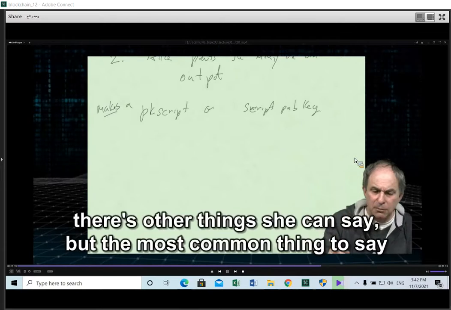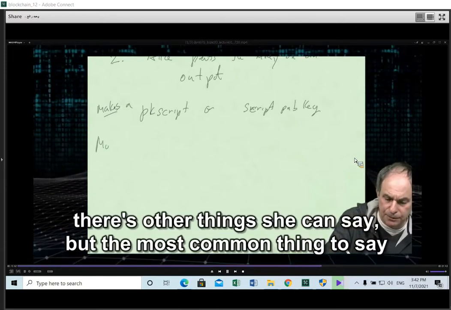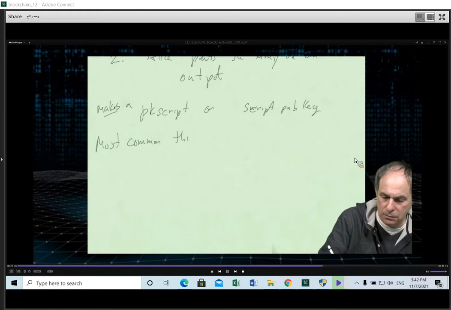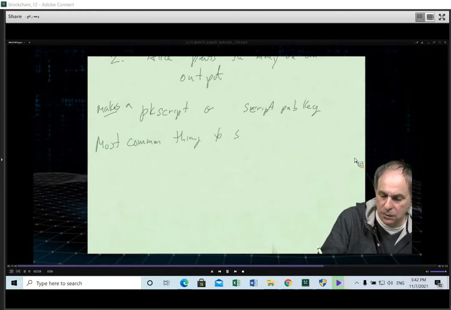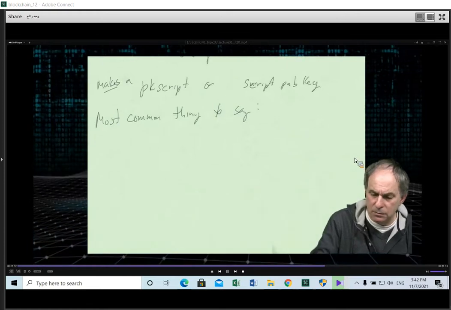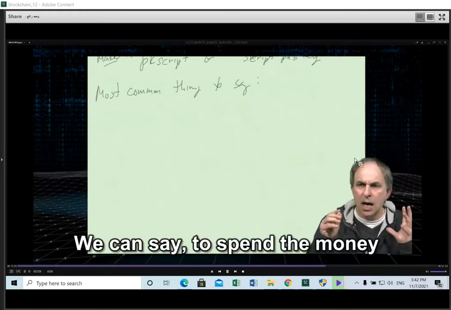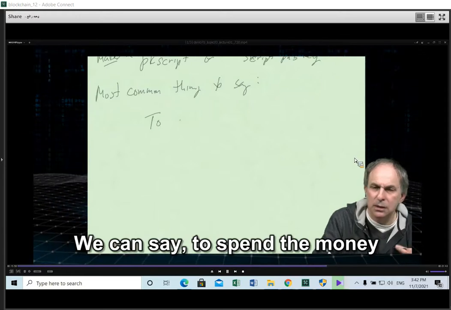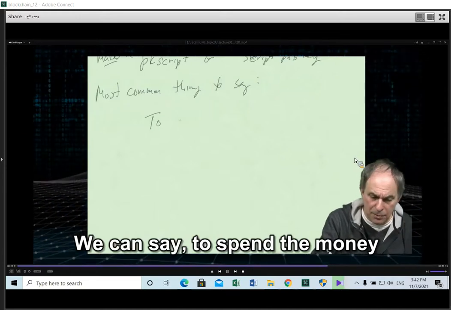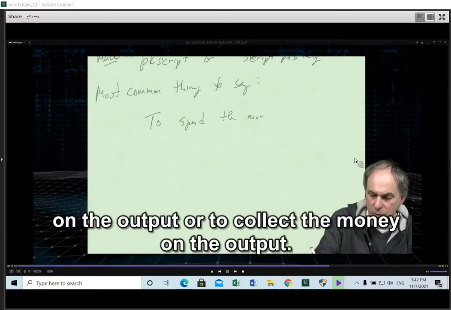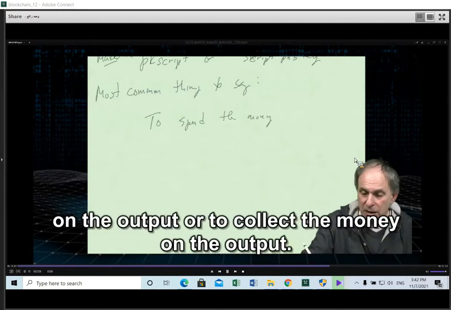There's other things she can say, but this is the most common thing that a PK script can say. It can say to spend the money on the output, or to collect the money on the output.